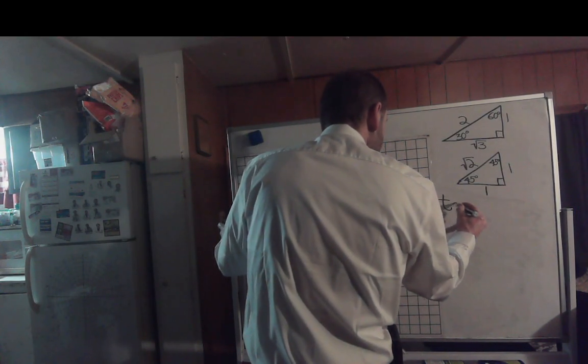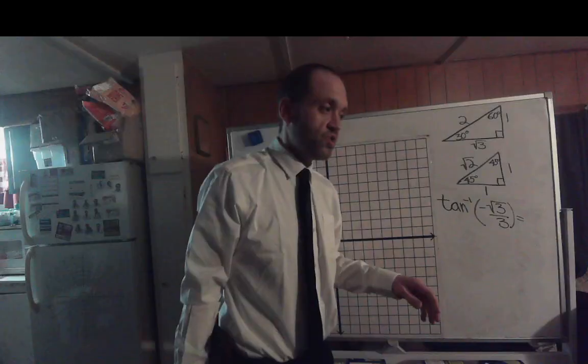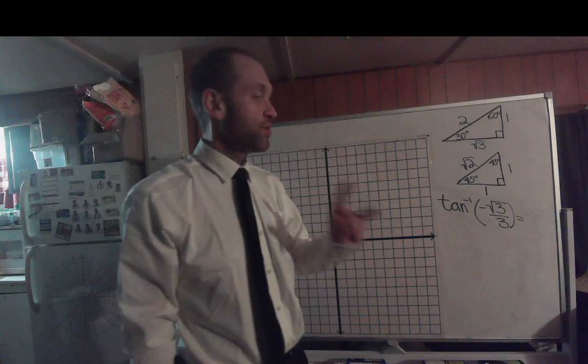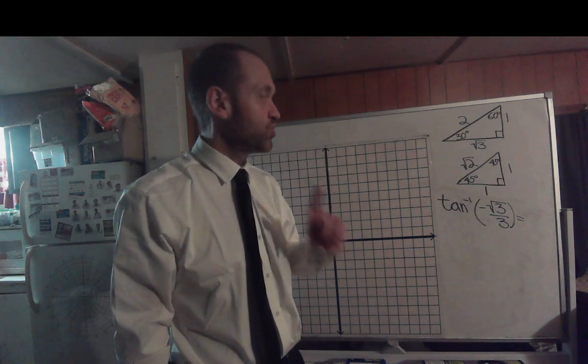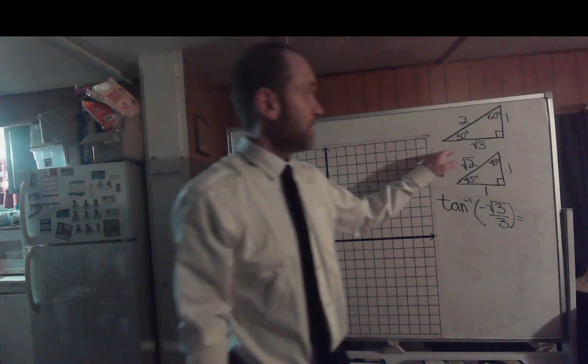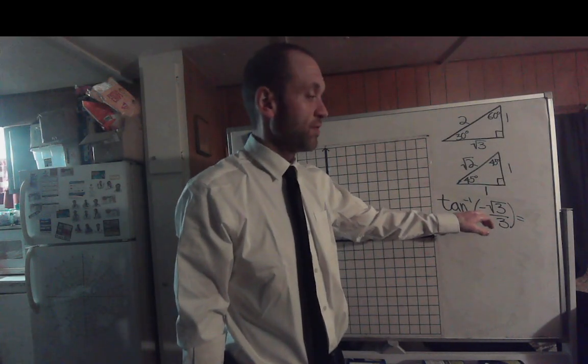We're going to take the tangent inverse of the negative square root of 3 over 3. So what angle gives us the tangent of negative square root of 3 over 3? If you look at your 30, 60, 90 right triangle, we know that the tangent of 30 is 1 over the square root of 3, which is the same as the square root of 3 over 3.